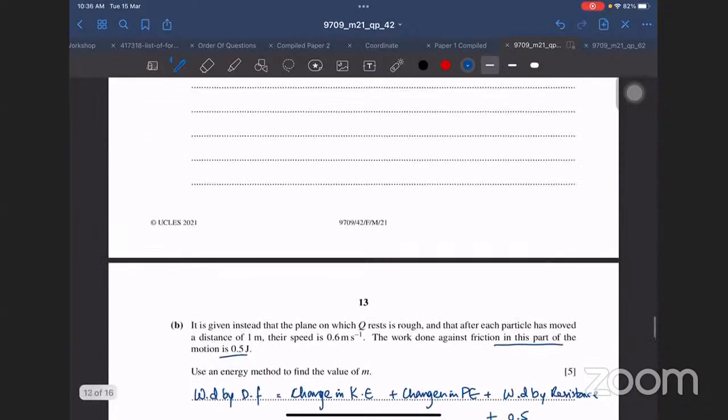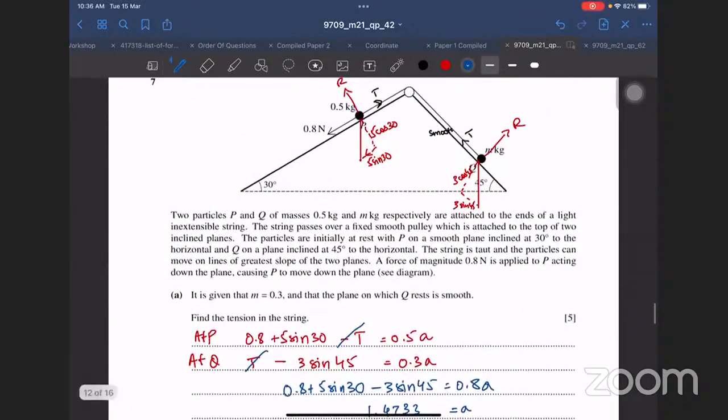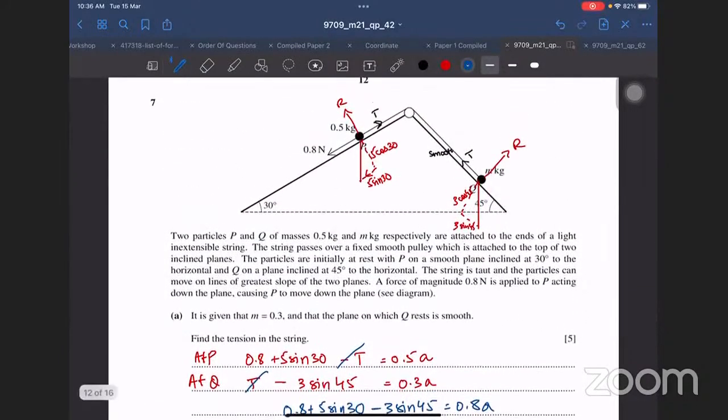The driving force in this case is 0.8. Let me first do the calculations then.